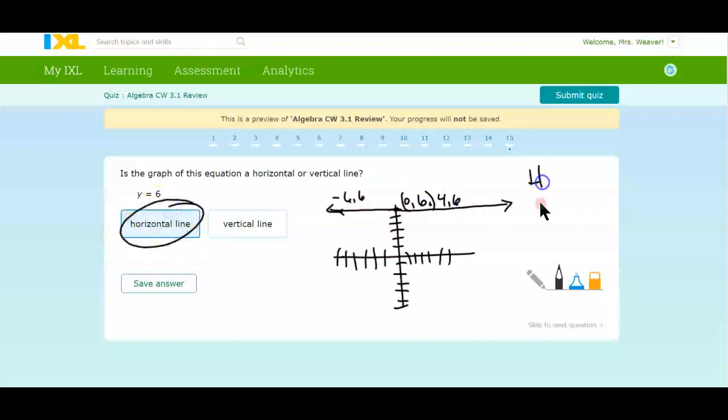I could also look at my Hoy Vux and see that when I have y equals, that gives me a horizontal line. So those are two different ways to look at that type of question.